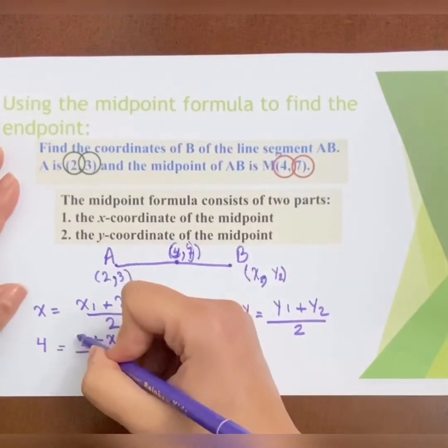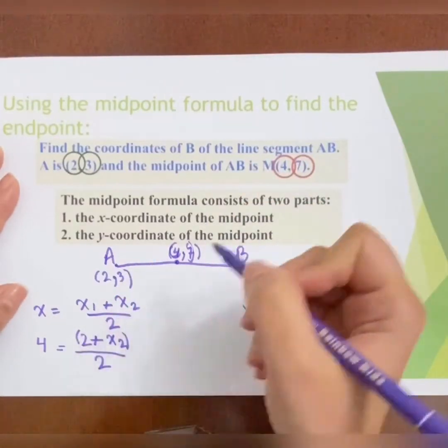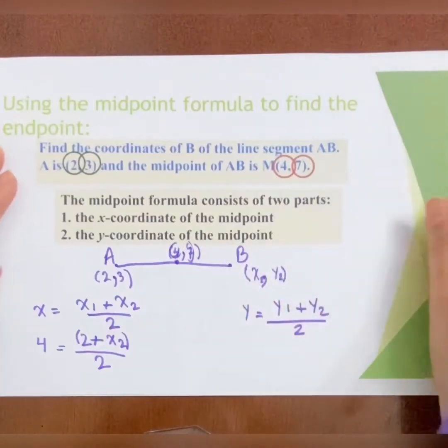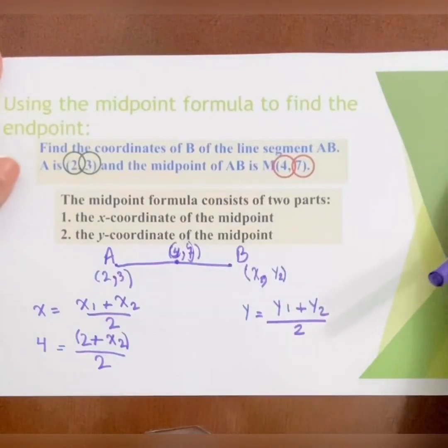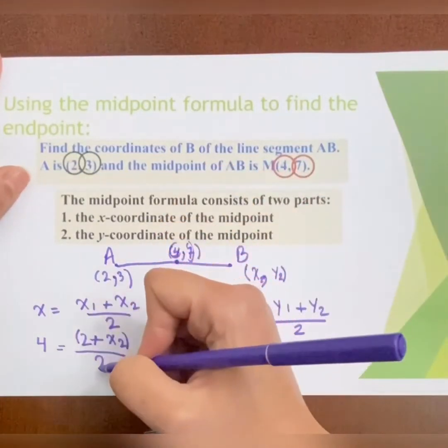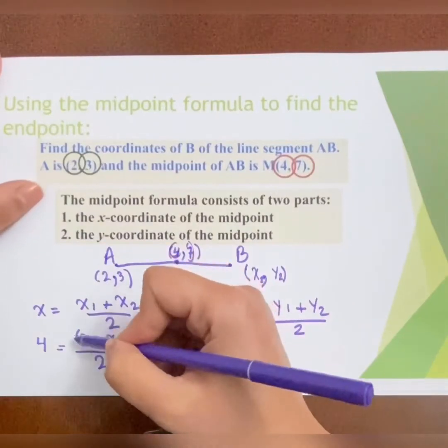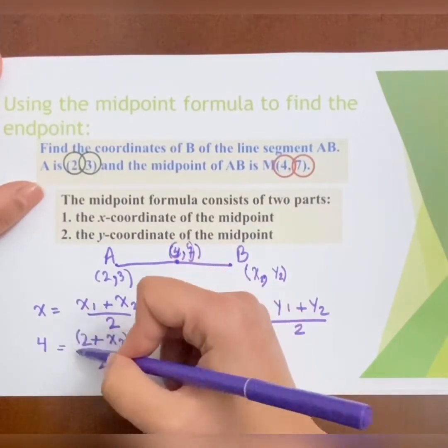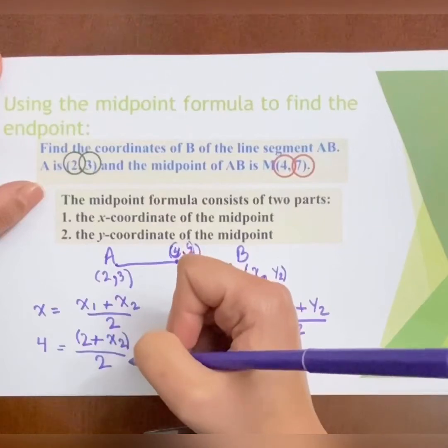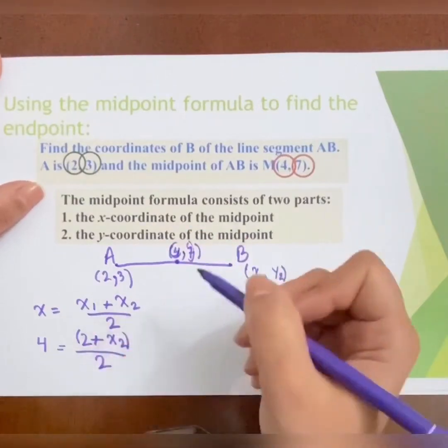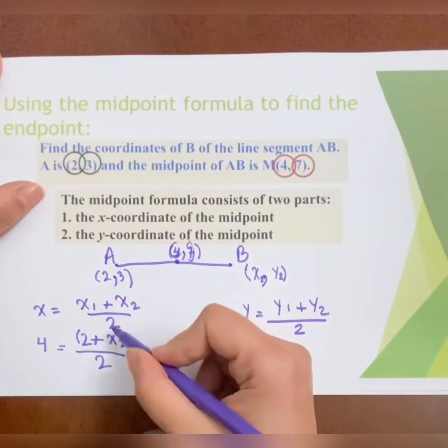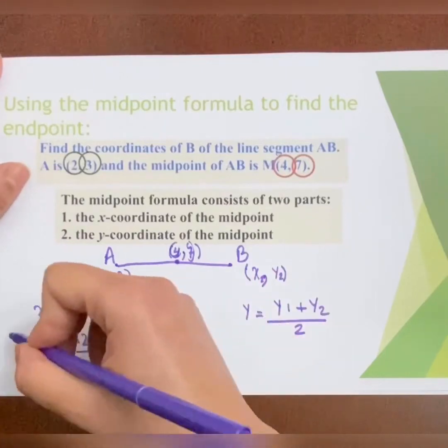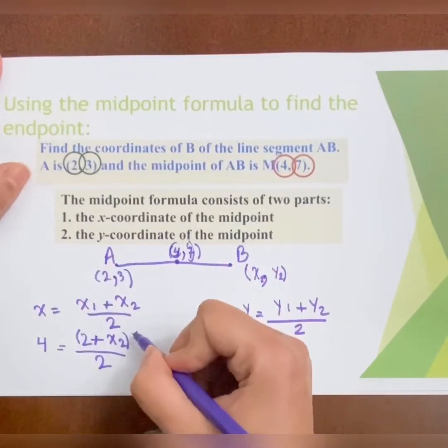I want you to think of this as if we have brackets here. Do you remember solving multiple step equations? We have addition and we have division, but the addition is within brackets. How do we do that? We have to get rid of the division first because brackets is more powerful. So we multiply both sides by 2.